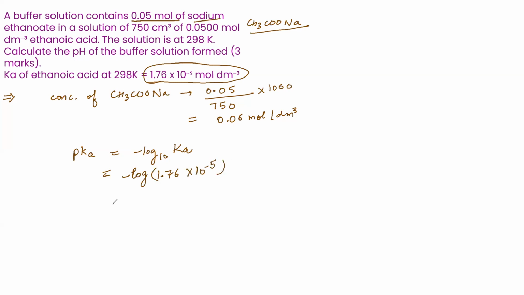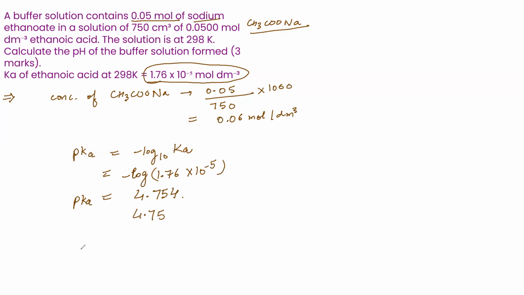So we have to solve this. Simply put it in your calculator and you will get the pKa value as 4.754. This is your pKa value. We can take it as 4.75 only.